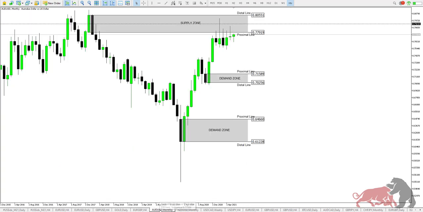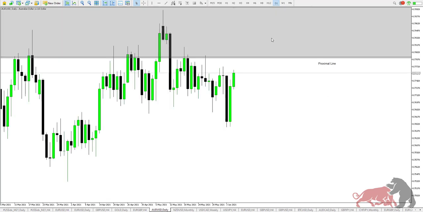And then we've got Aussie dollar, right? Aussie dollar price is now approaching our monthly bullish order block. The price point to take note from there is the 0.77919, so 0.7900. That's your trigger price point when it comes to shorting Aussie dollar.